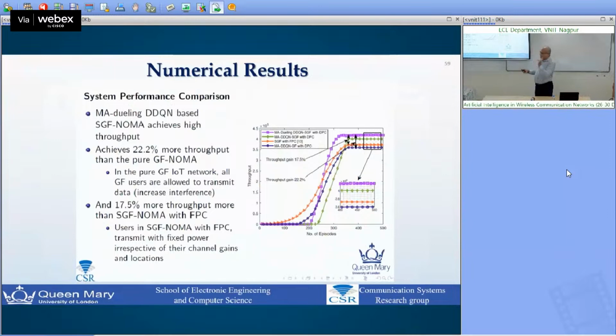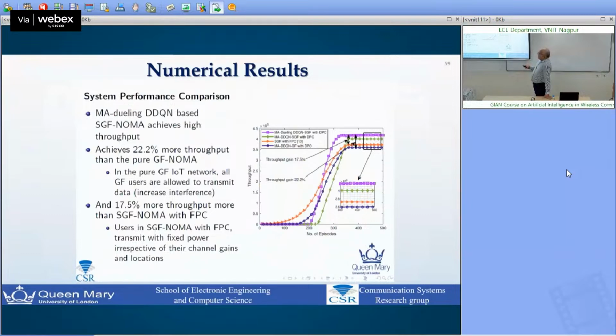Here we have the total throughput of grant-based and grant-free. Instead of having only grant-free, by having grant-based and utilizing the remaining excess resources for grant-free, we can improve the overall throughput.